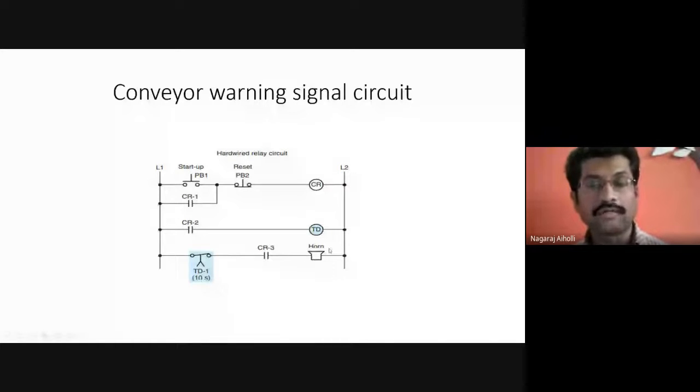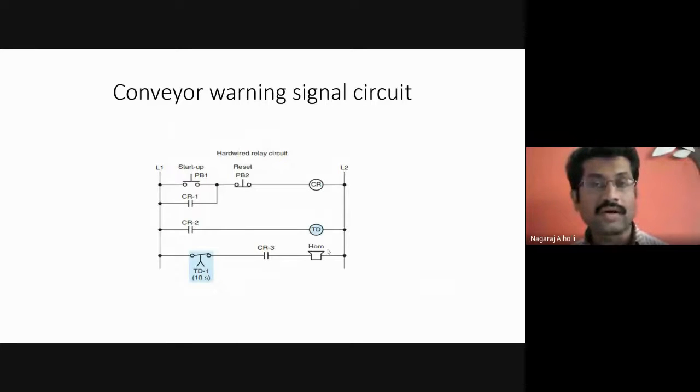The horn will blow, indicating that the conveyor belt is about to start rotating or the motor is about to start. If some persons are nearby, in touch with the equipment, it will give an alarm to them.